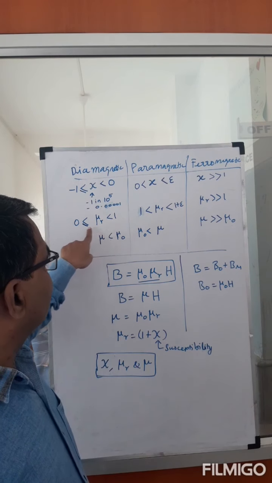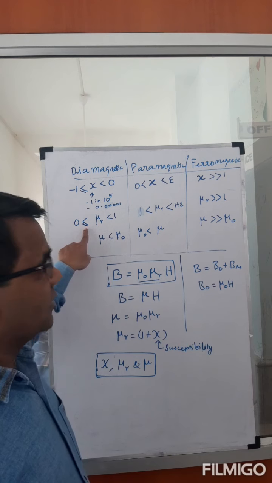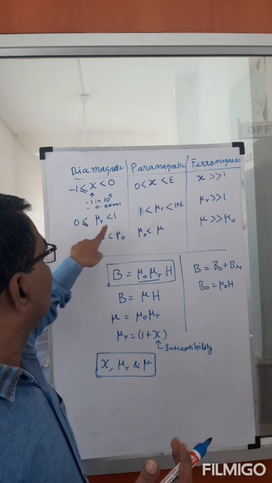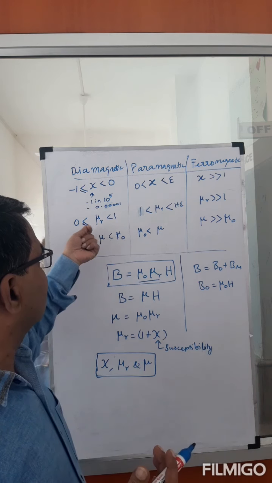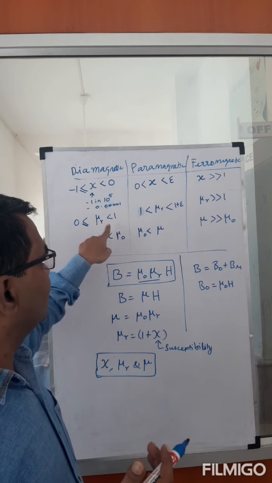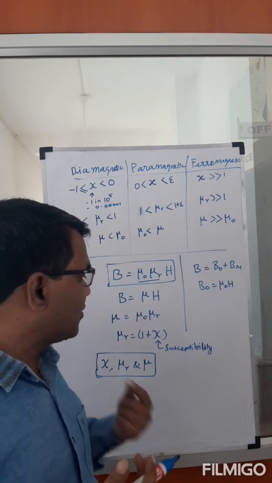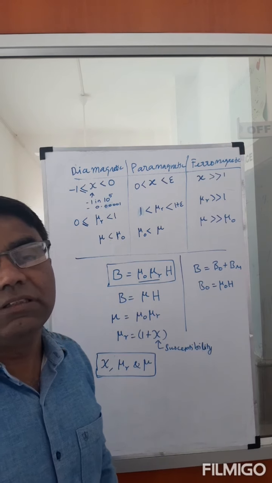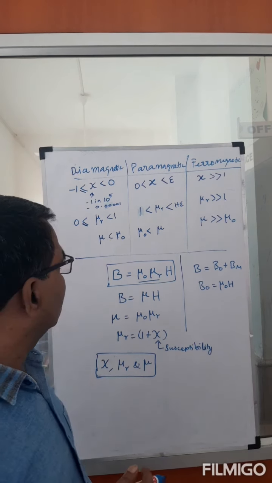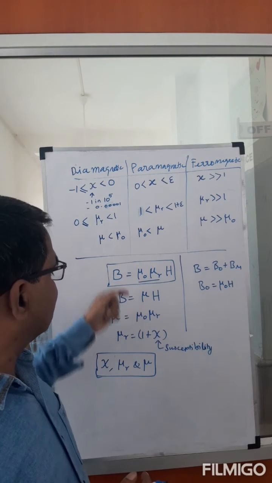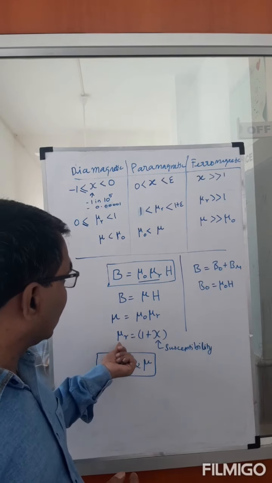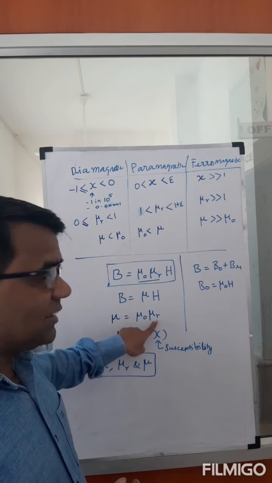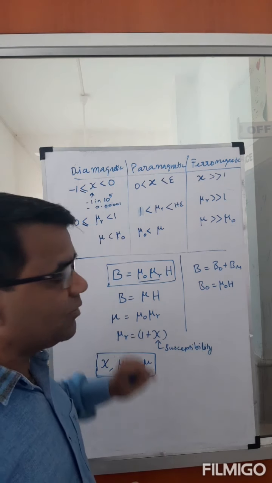So mu r is greater than or equal to 0. In the case of superconductors, it will be 0. But otherwise, it's greater than 0, and it has to be less than 1. That's what we saw. It has to be less than 1 in the case of diamagnetic materials. And what about mu? Since mu r is less than 1, mu has to be less than mu naught.